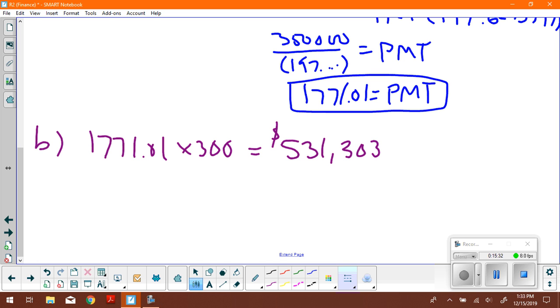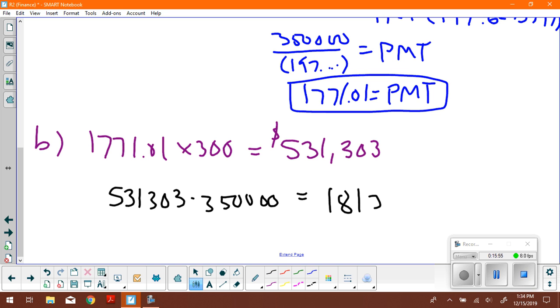So 531,303 minus $350,000 equals $181,303, which is quite a bit. You spent $181,000 in interest to have that mortgage.